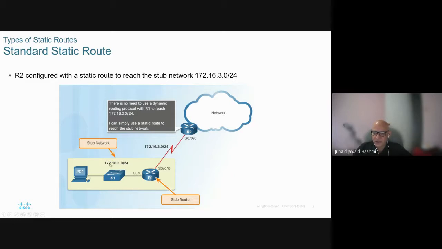R2 router does not know about the 172.16.3.0 network. Okay, so you can create an entry on the R2 router that tells R2 that this network, 172.16.3.0, is connected to R1. Okay, because it's not directly connected to R2.